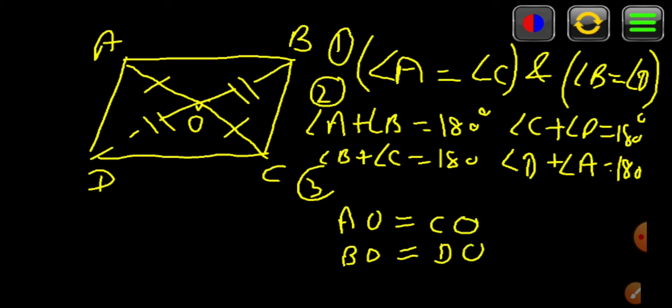So all three properties are satisfied here. Diagonals of a parallelogram bisect each other means O will be the midpoint of BD and AC. AO is equal to CO, BO is equal to DO. I hope the properties are clear to everyone. Now we will start with some examples and exercise 3.3.